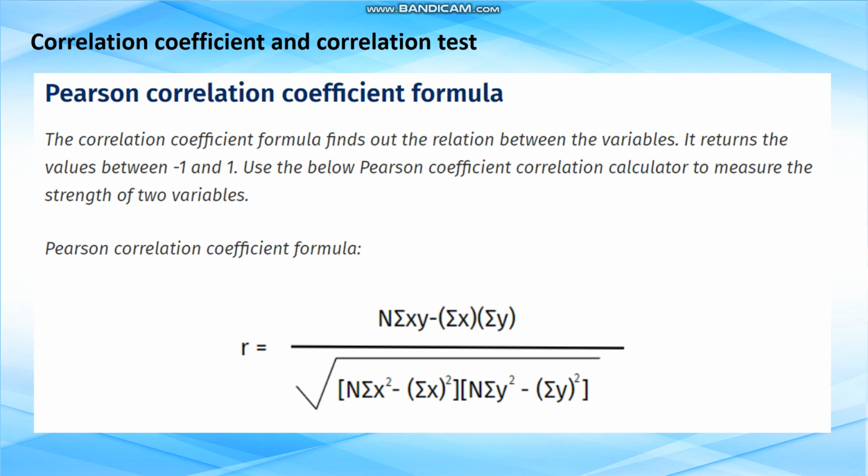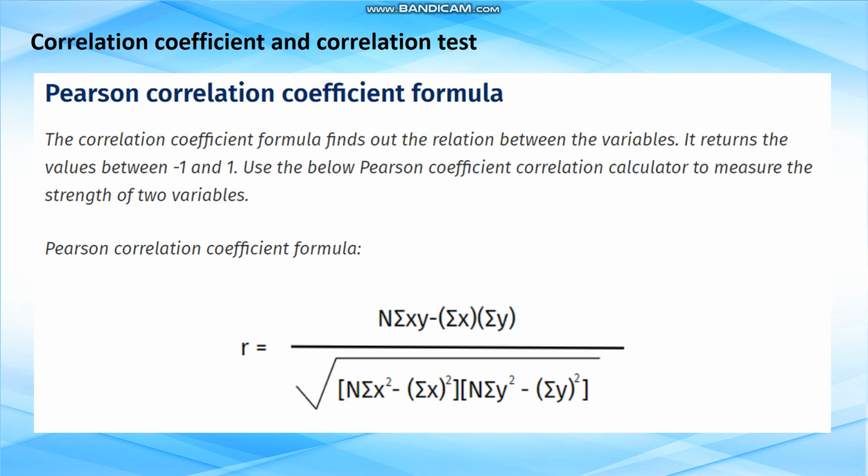This is the Pearson correlation coefficient formula R. It is equal to n sigma xy minus sigma x times sigma y, divided by the square root of [n sigma x squared minus (sigma x) squared] times [n sigma y squared minus (sigma y) squared].